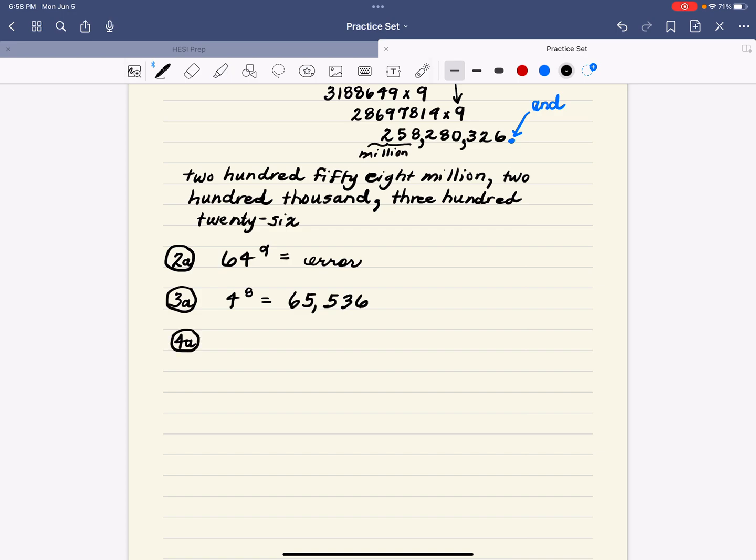Okay, 4, I have 100 to the 1, 2, 3, 4, 5th power. So all clear. 100, 2, 3, 4, 5. On this calculator, I get an error.